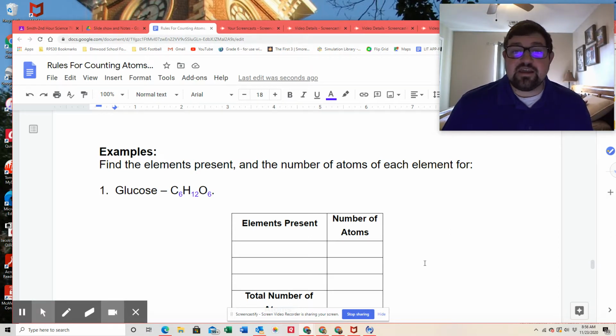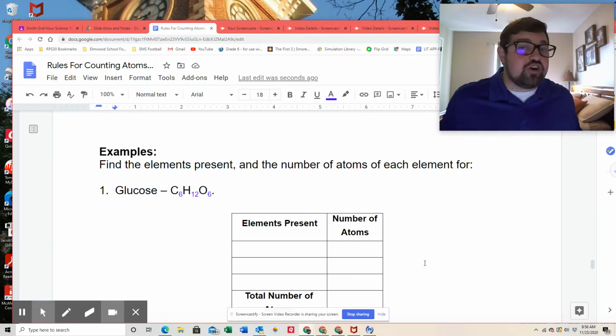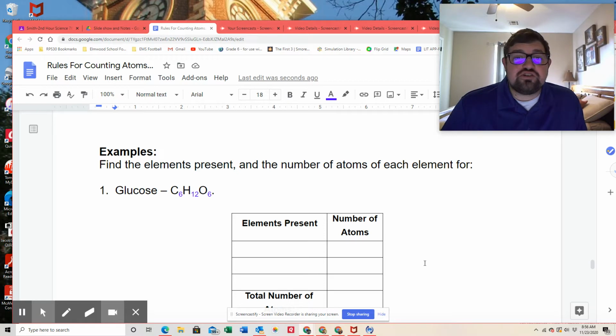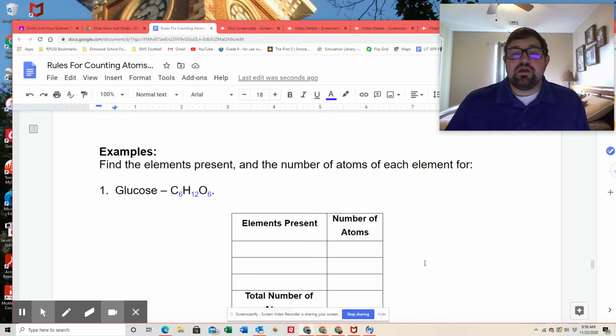There are 3 examples. And I'm going to do that with us as a model for you to see how we can count atoms. I've actually used some color coding to help us understand the parts of a chemical formula so we can break it down into the pieces of counting atoms. We have groups that are usually organized by numbers in some way.